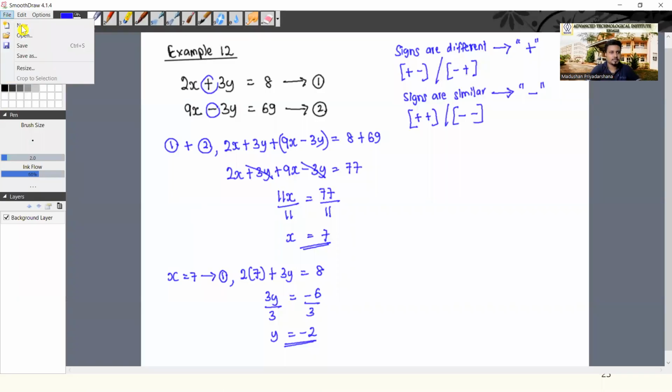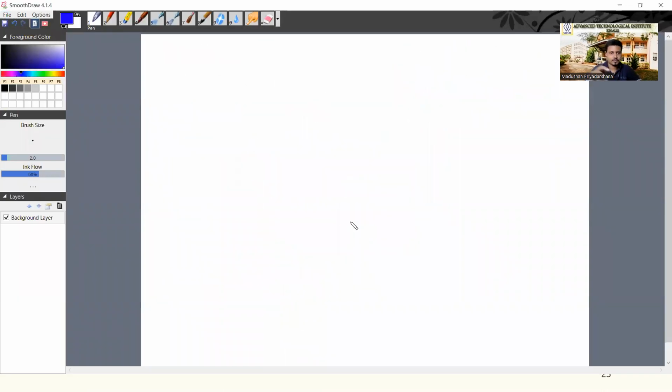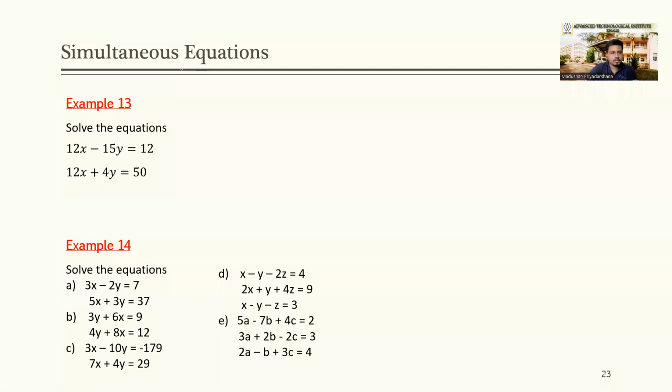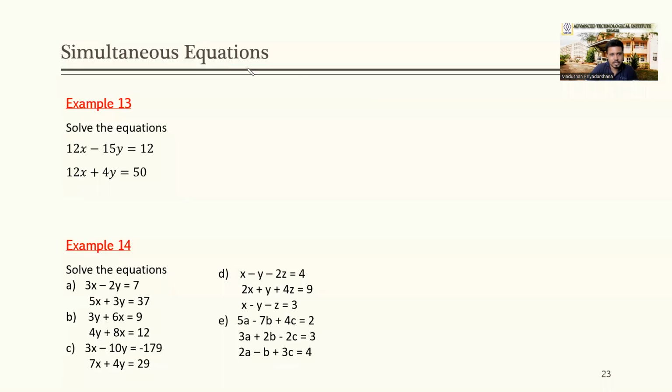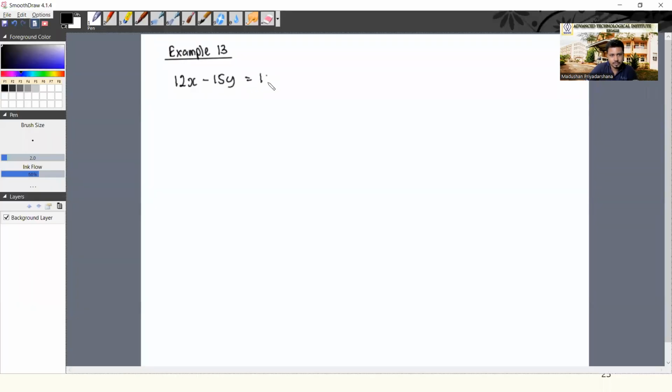Example number 30. 12x minus 15y equals 12.